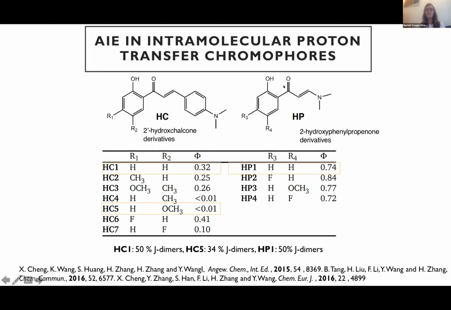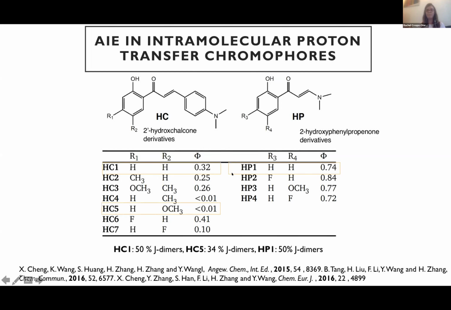What we see in the case of the HP derivatives is that regardless of the substitution pattern, these systems are highly emissive in all cases. So we tried to explain the reason for the differences between this series of molecules, and our main focus was to explain the difference between HC1, HC5, and HP1, okay?